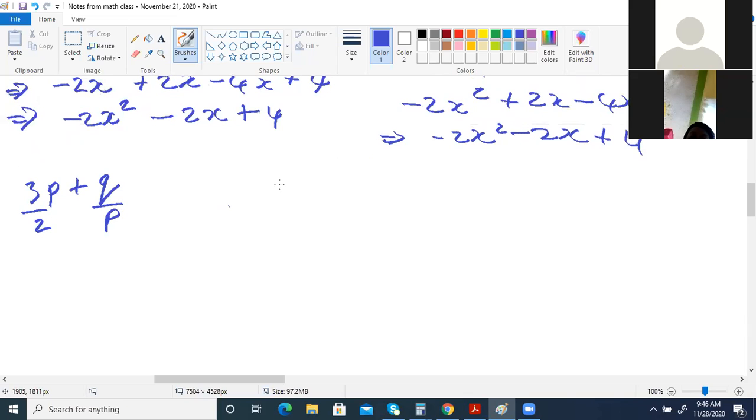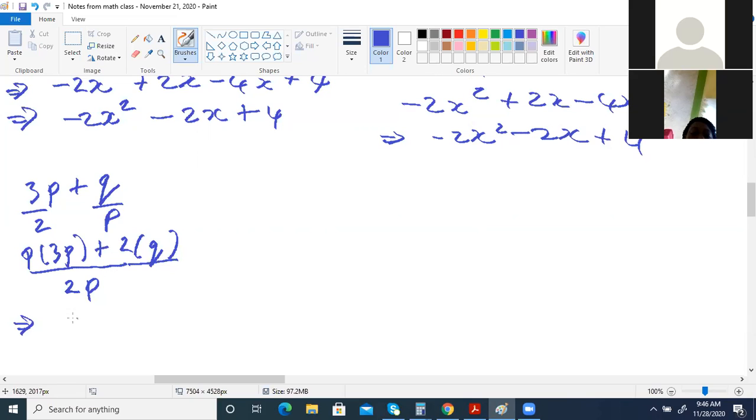I wrote 2p for the LCM. Okay, great. So it's 2p. And then you say, okay, 2 into 2p goes p. So 3p times p. So let me write it here. So 3p, and then p squared. 2 into 2p goes 2. That's 2q.